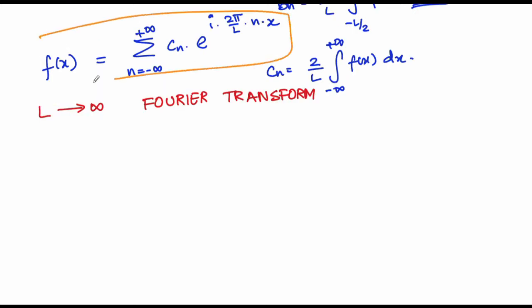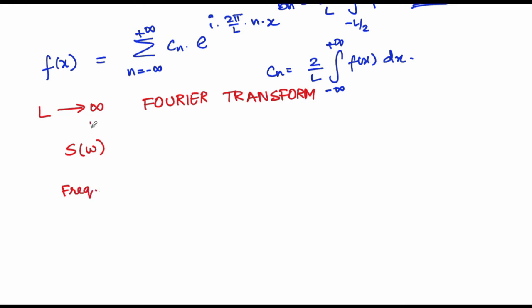So we are going to write something equivalent to what we had seen for the Fourier series expansion, where S of omega is the frequency domain spectrum. Remember, we are talking about omega because we like angular frequency in the field of NMR spectroscopy. This will be given by the integral between minus infinity and plus infinity of S of t times e power minus i omega t times dt.